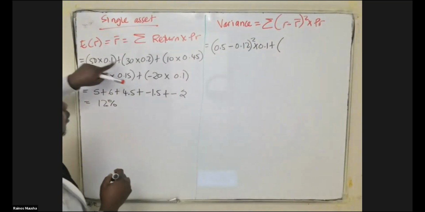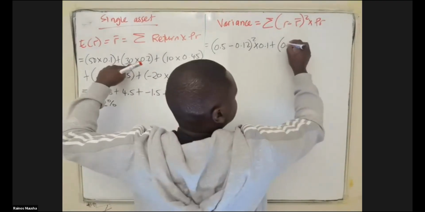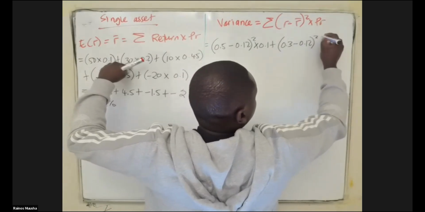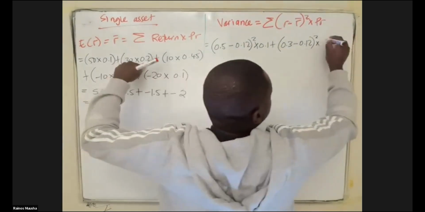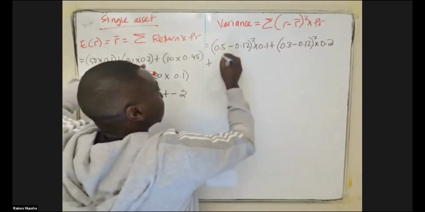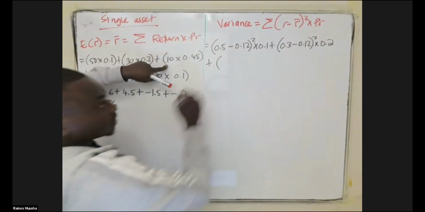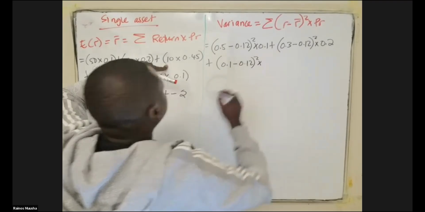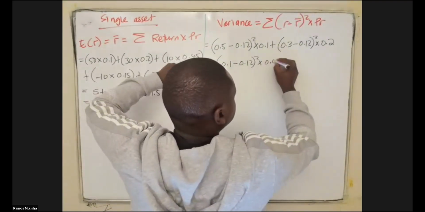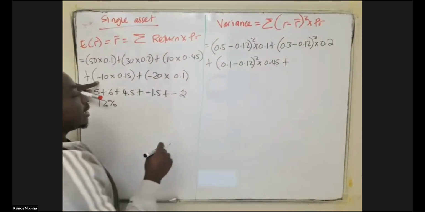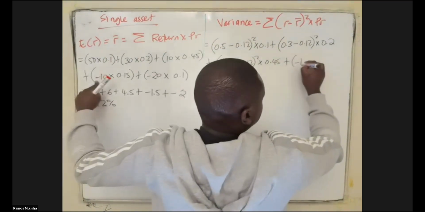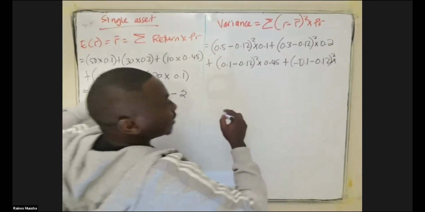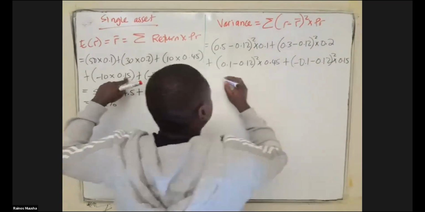You move on to the next scenario, your return was 30%, so it's 0.3, minus your expected return of 0.12, squared, multiplied by the probability of 0.2, plus the next scenario, your return is 10%, so 0.1, minus 0.12, squared, multiplied by 0.45, plus the next scenario, your return is minus 10%, so minus 0.1 minus 0.12 squared times the probability of 0.15, plus.